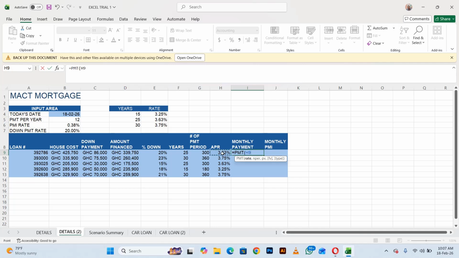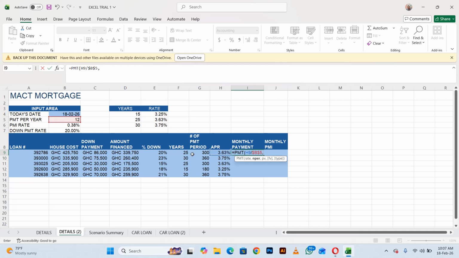You select the rate, which is here, and then you divide it by the number of times that you are paying in, which is 12. Then you lock it because it's outside. So that is 1. And then you come to the number of periods. I think I created it myself.